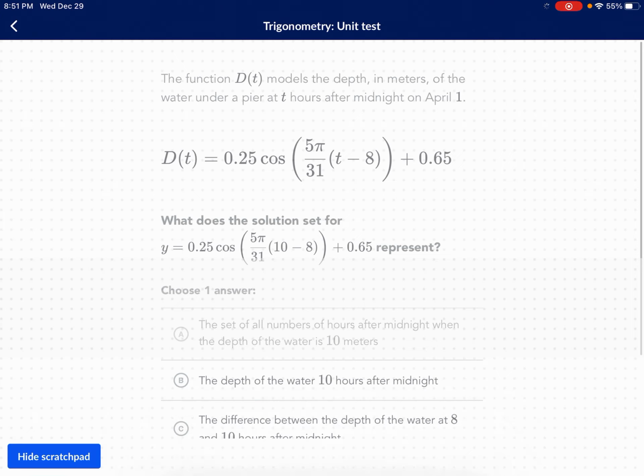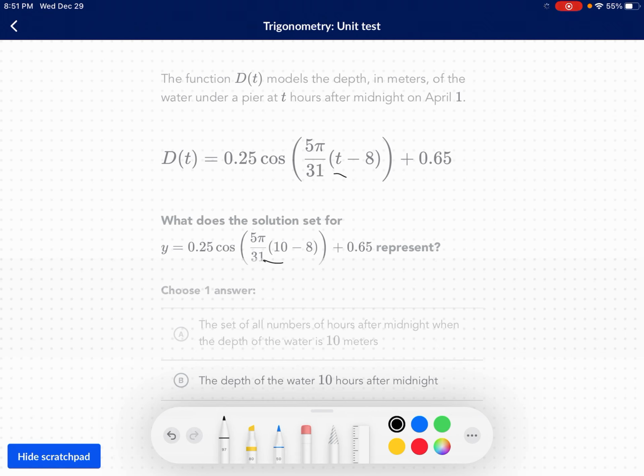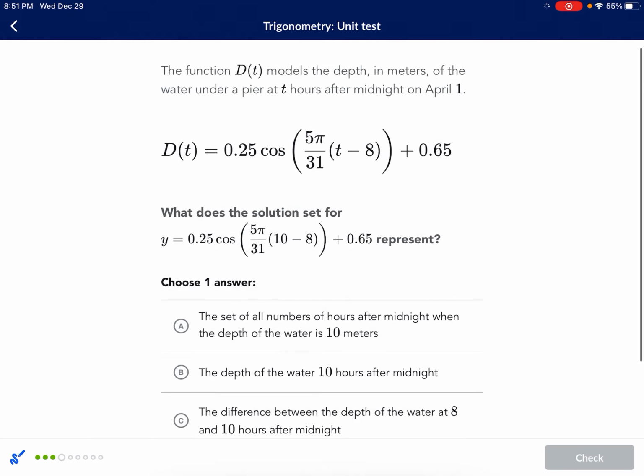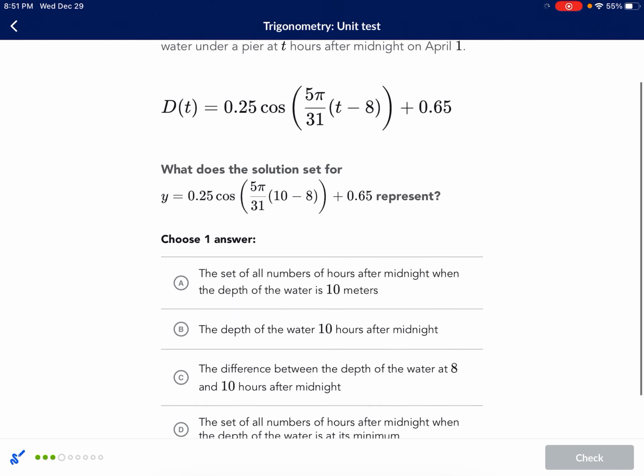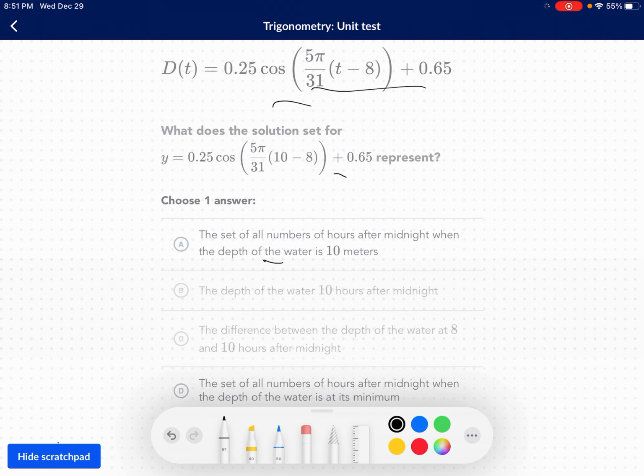Okay. What does the solution shift for that represent? You're just substituting 10 for t, and t is the hours. So this is all the solutions for the meters when it's 10 hours after midnight on April 1. The set. Nope.